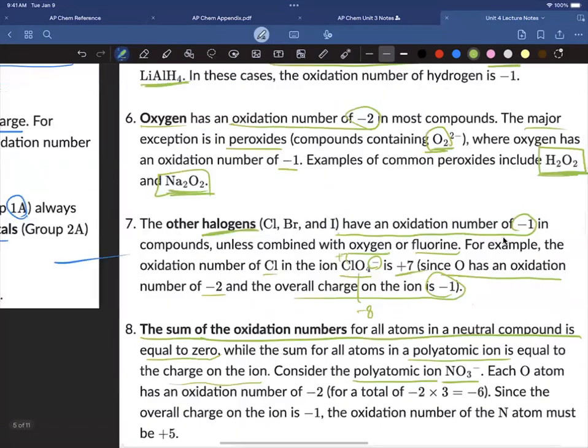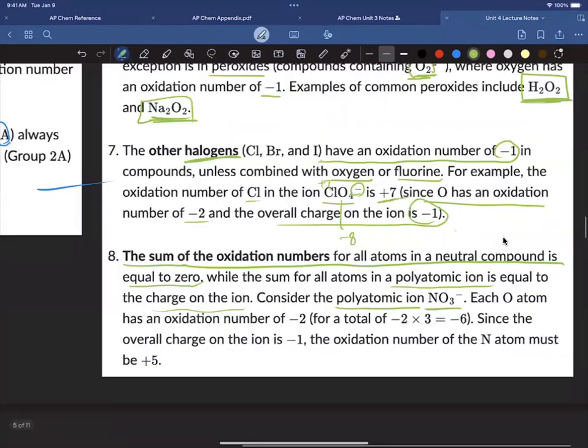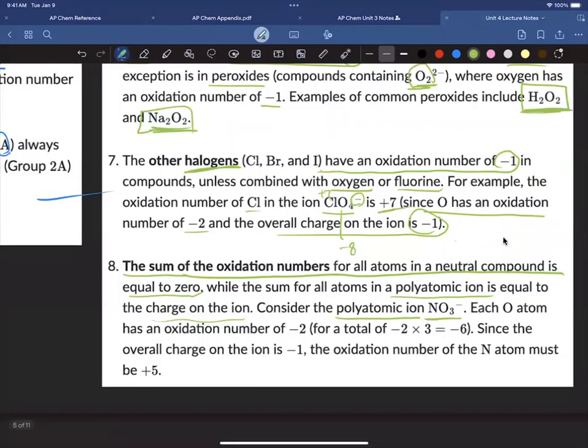Like we saw before, oxygen is usually -2. So it's going to be -2 times 3, so that's -6. And what's going to be the oxidation number of N? Well, we know the total has to equal -1. So since the overall charge on the ion is -1, the oxidation number of N must be +5.